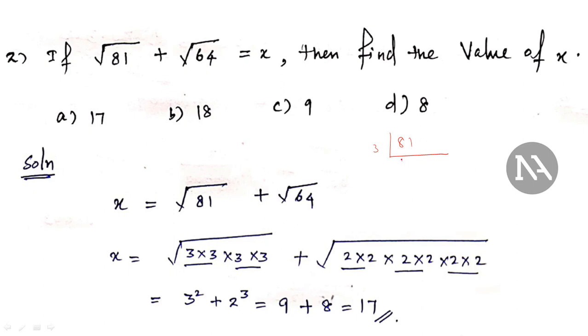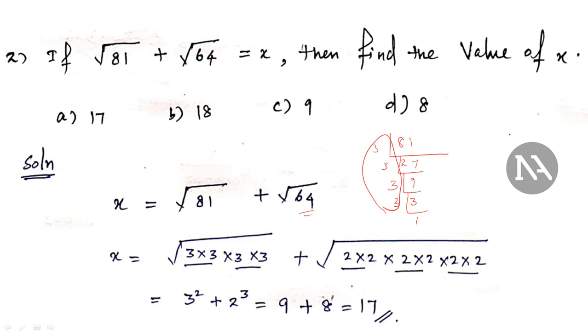So 2 3s are 6, then the remainder is 2, then 21, 7 3s are 21, and again it can be divided by 3. So 9 3s are 27. Again it can be divided by 3. Now again 3 can divide, so you have 4 3s.